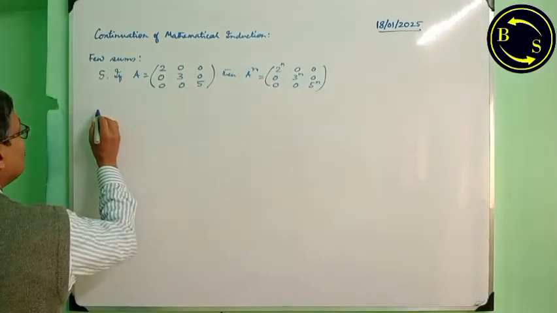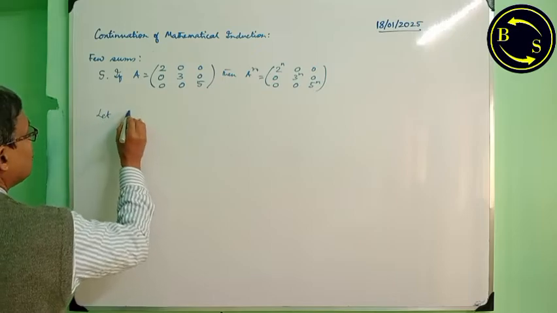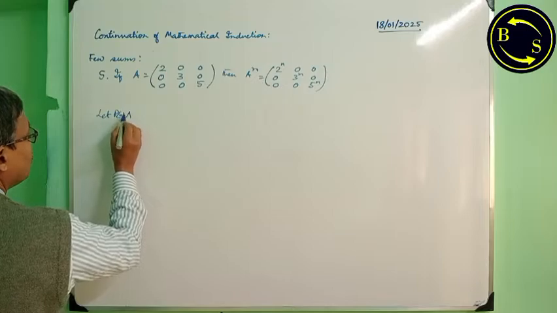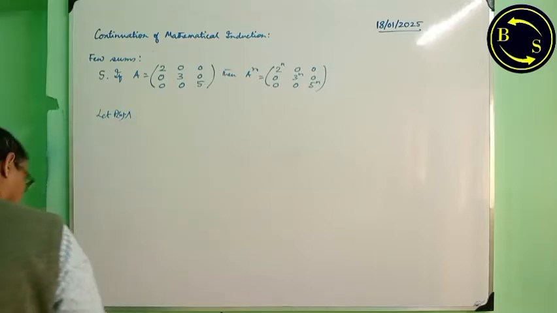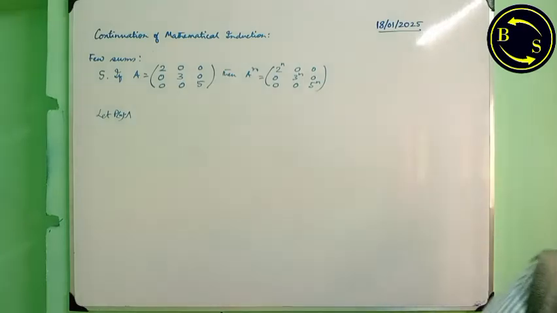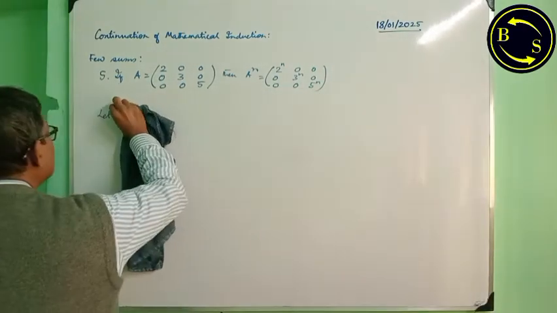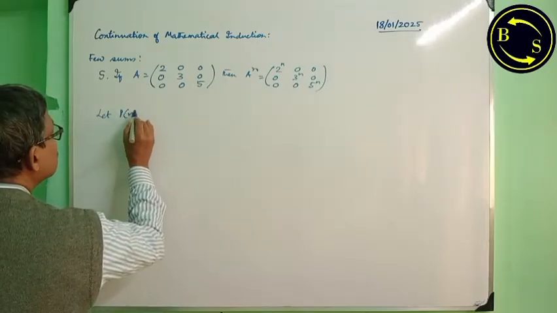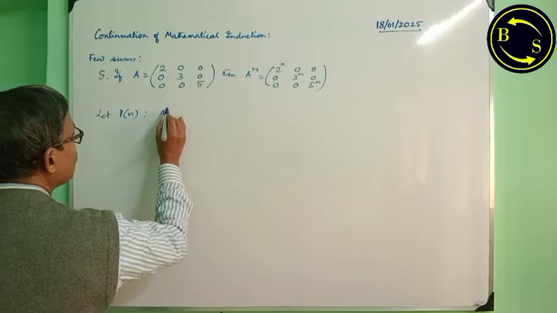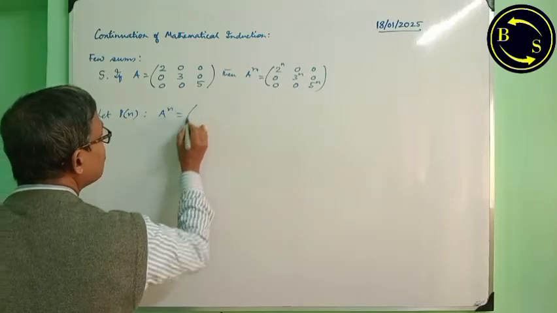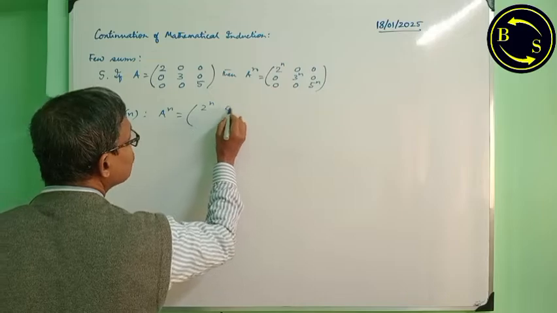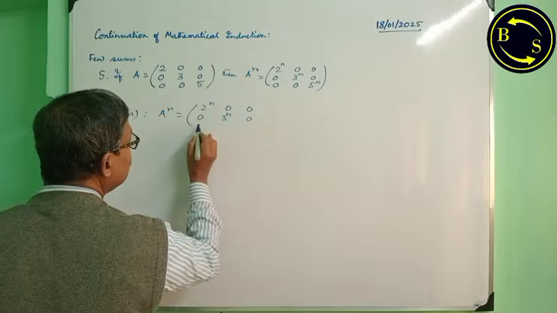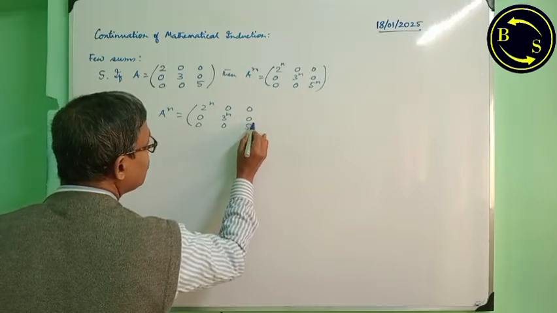Now let P(n): A to the power n equal to [2 to the power n, 0, 0; 0, 3 to the power n, 0; 0, 0, 5 to the power n].